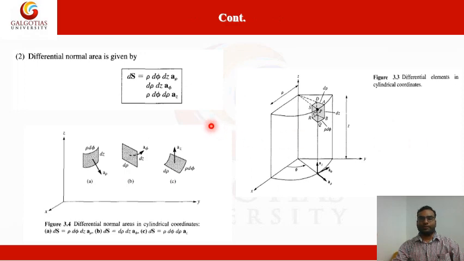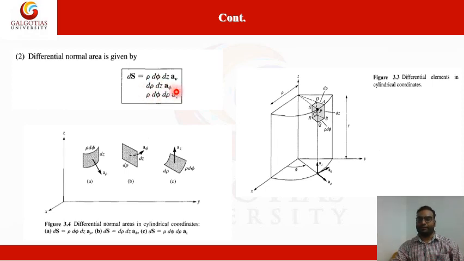So now let's come to the area of the cylindrical coordinate system, ds, the differential area. In the direction of rho, it is rho d phi dz, because here we are taking d phi in the direction of rho; we are not considering the rho length, only phi and z, and rho is along with phi, as we discussed in the last slide.